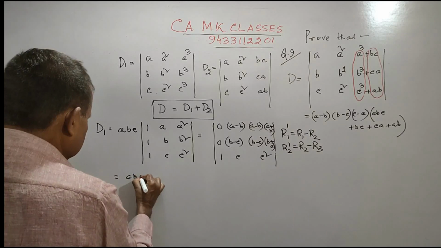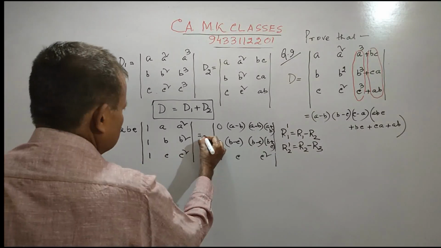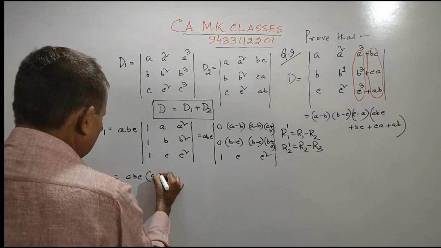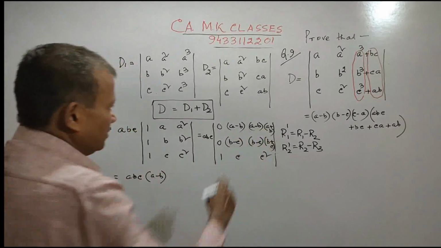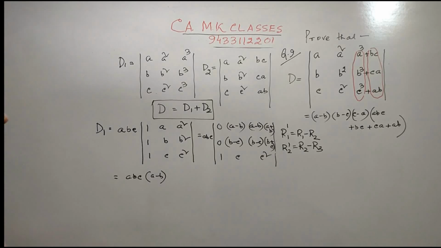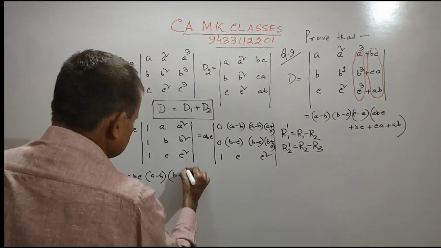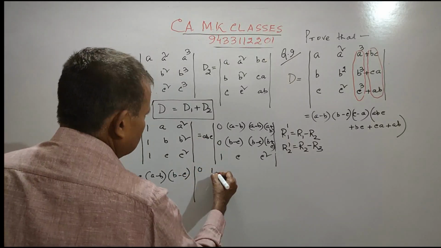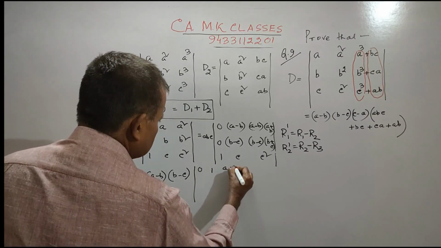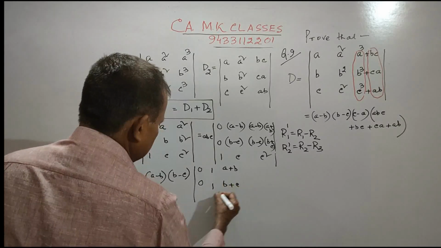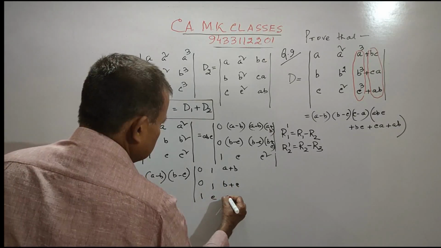So abc is here, abc into (a minus b), from here (b minus c) common, and the determinant: 0, 1, a plus b; 0, 1, b plus c; 1, c, c².